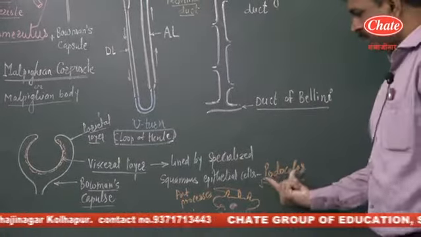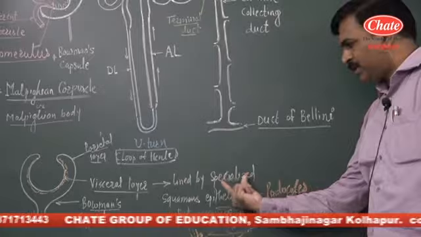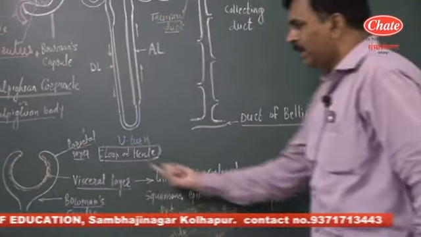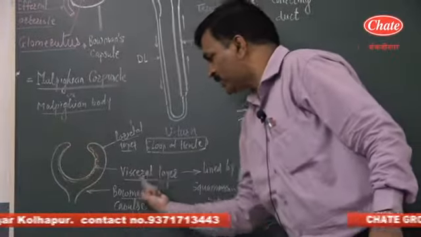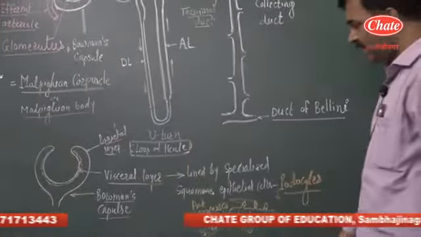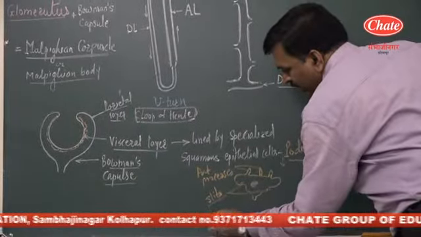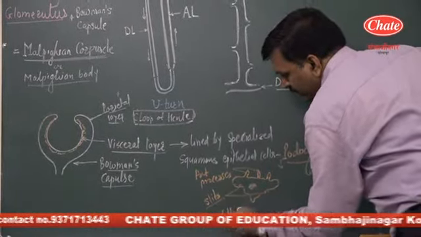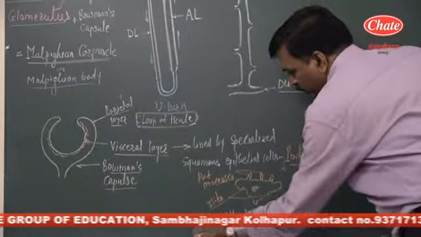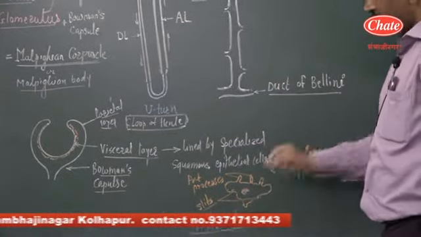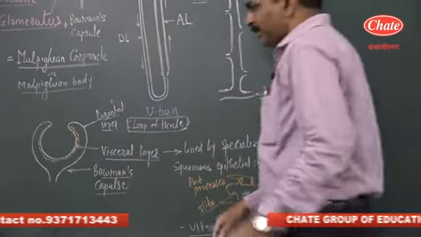So what is a podocyte? Podocytes are specialized squamous epithelial cells which line the inner layer of the Bowman's capsule, termed the visceral layer, and they play an important role in ultrafiltration, in the process of urine formation.